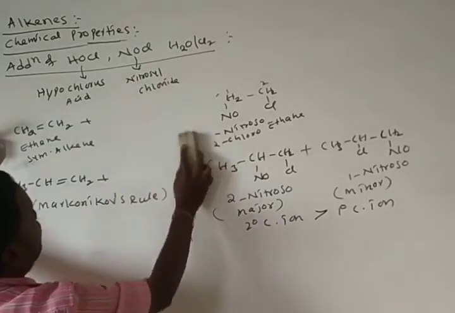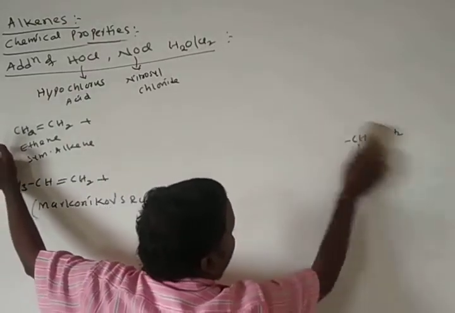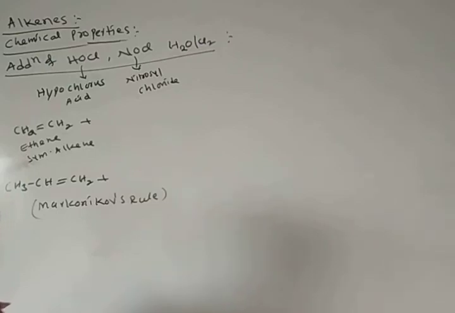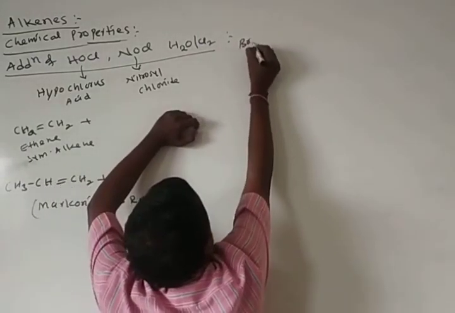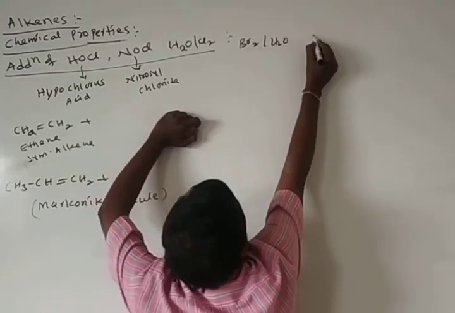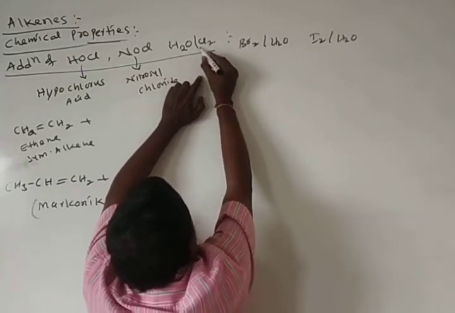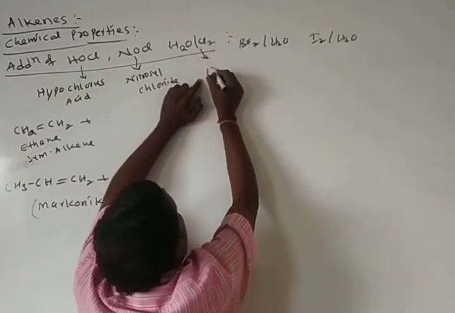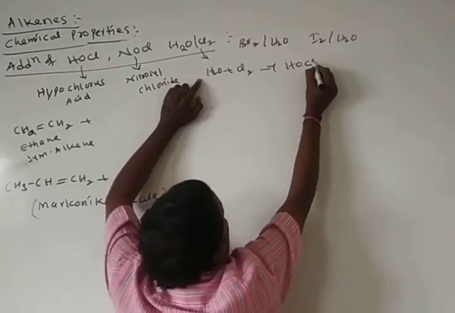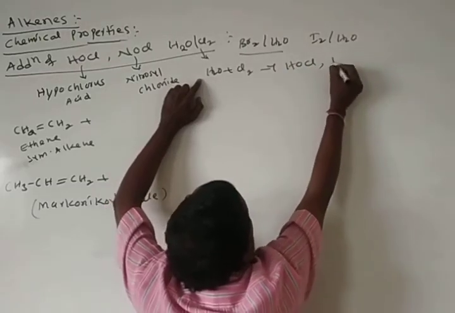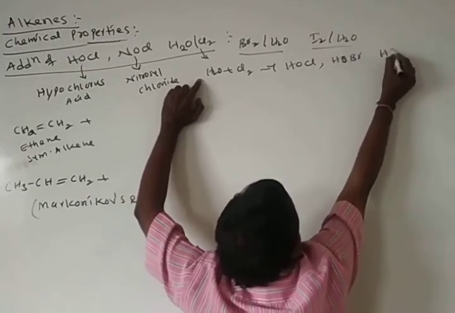What is the meaning of Cl2 and water? Cl2 water, Br2 water, or I2 water, all are the same. Cl2 water means when water reacts with chlorine, it forms HOCl. It forms HOBr, it forms HOI.